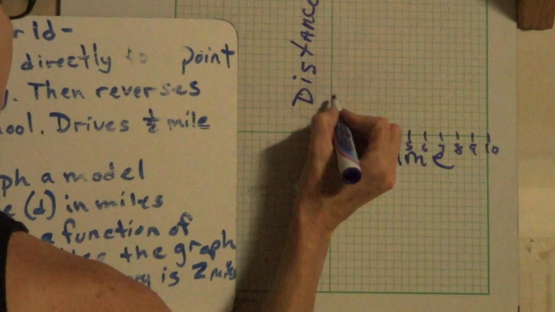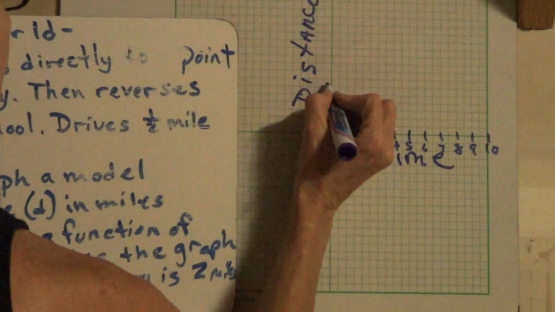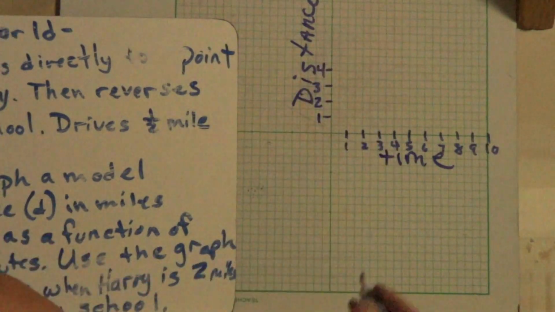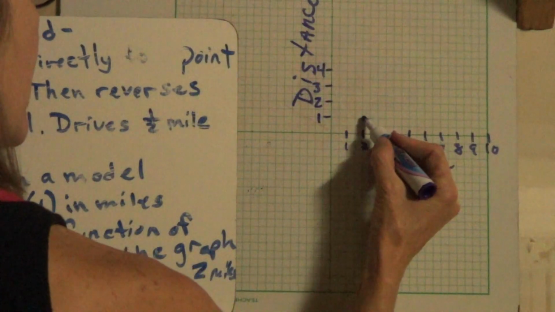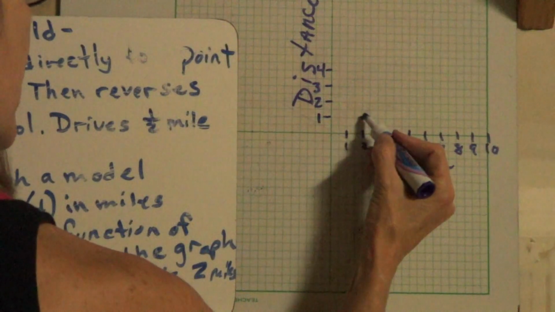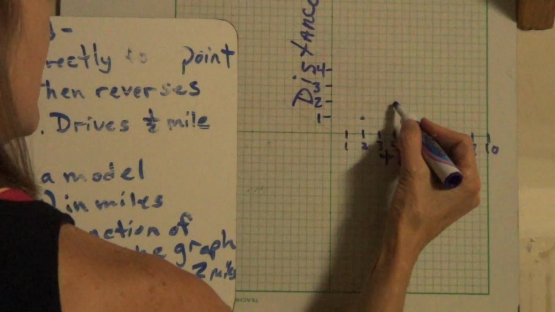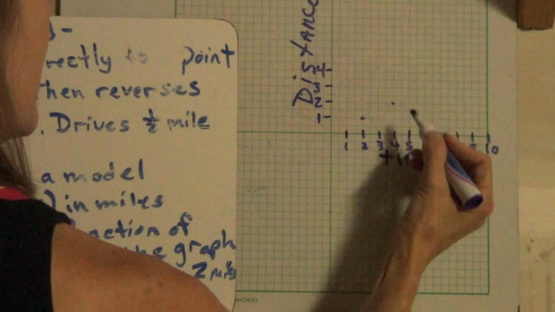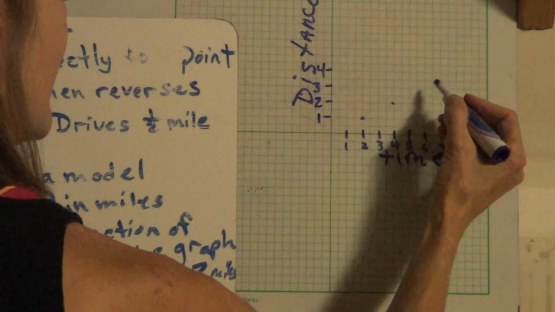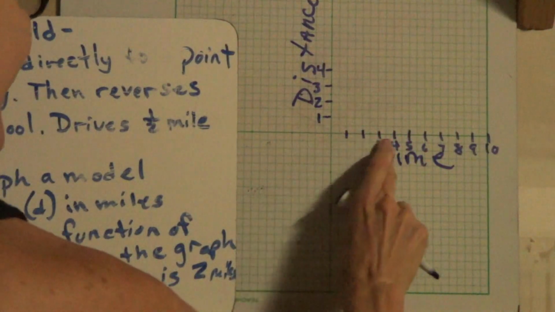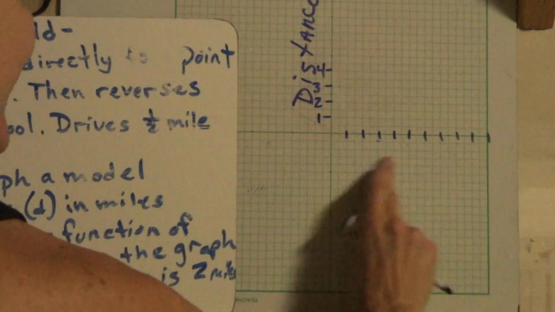So here's 1 mile, 2, 3, 4. Okay, it goes a half mile in a minute, so there's a full mile in 2 minutes, 2 miles in 4 minutes. It takes him 8 minutes. I see where I need to shrink. I am so sorry, you guys.